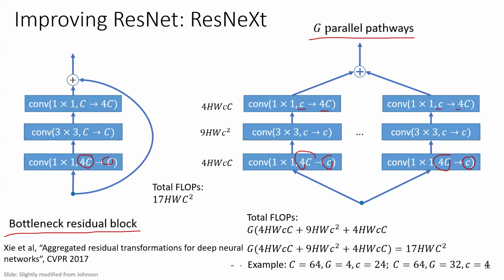Now, if you take an example here, if capital C is 64, that means 64 channels. And if you choose four groups, then you can see C is equal to... let me think, I cannot explain that right now.